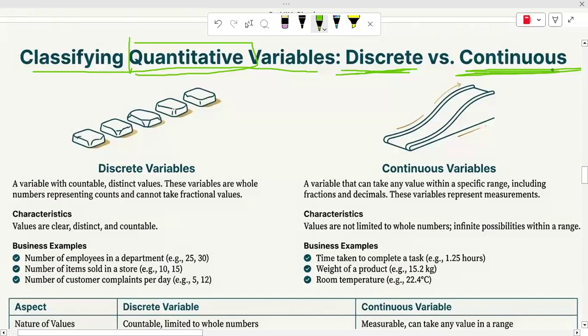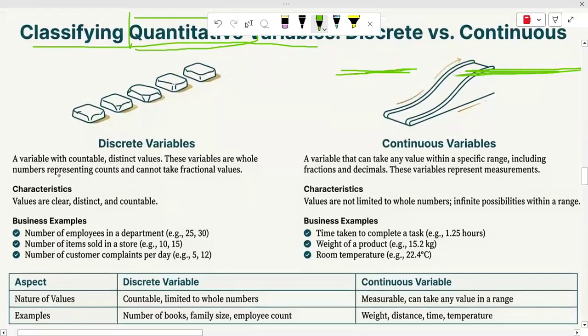Discrete variables have whole numbers. A discrete variable is a variable with countable numbers. How many students are in your batch?